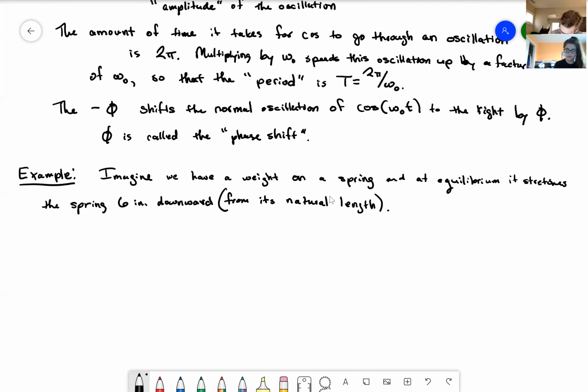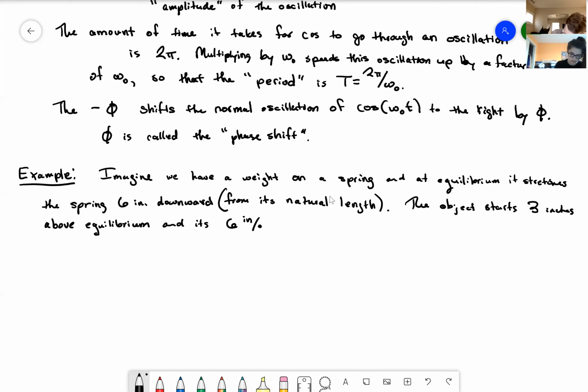Now let's assume the object starts, so this is at time 0, our initial condition, 3 inches above equilibrium. So somehow we've got it into position where it's 3 inches above the equilibrium, but its velocity is 6 inches per second downward.